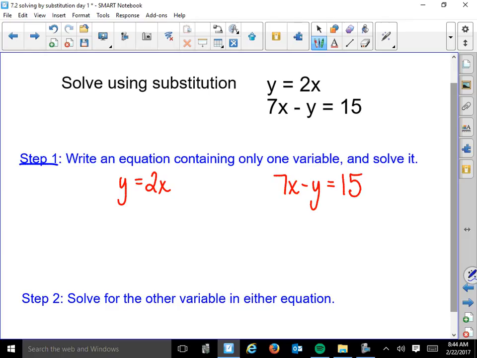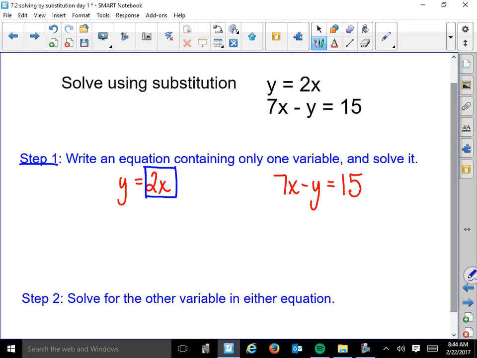What I like to do is take the expression that that variable is equal to and put a box around it. Now I recognize that y has the very same value as 2x. Y and 2x are equivalent. If a teacher is gone, a substitute will come in and replace the teacher for a day.